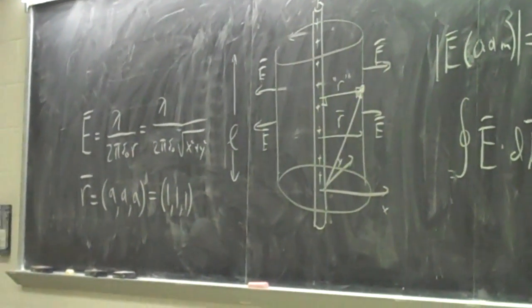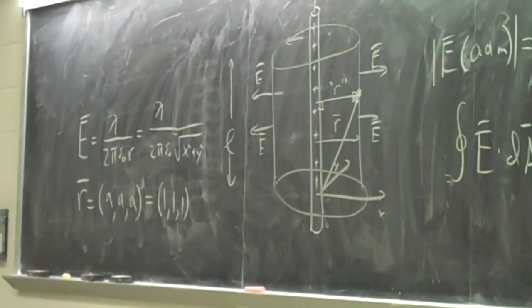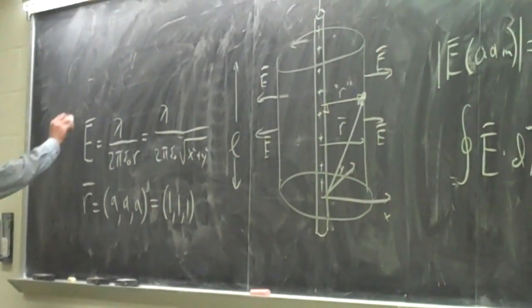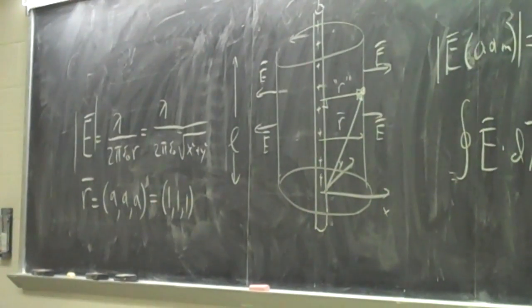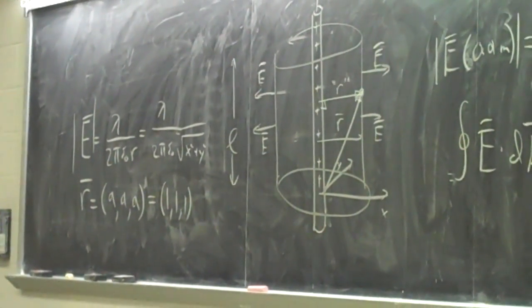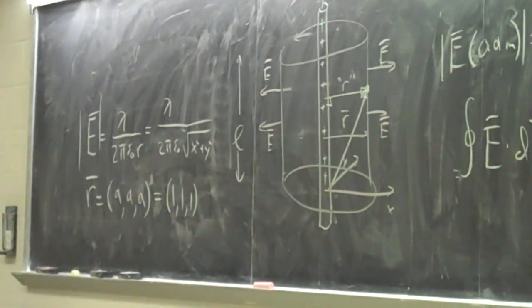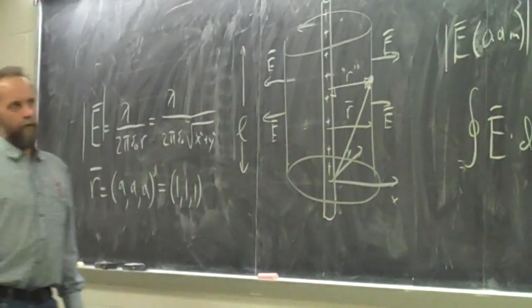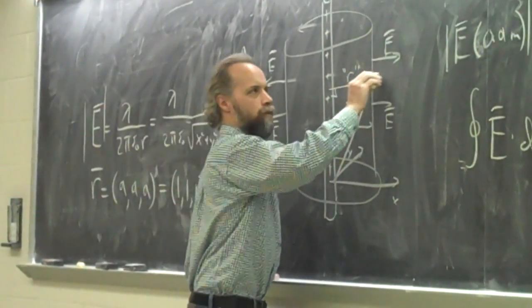And then the direction is also a little bit trickier, because this of course is just the magnitude of the electric field. Which way is it pointing? Which way is the electric field pointing? Normally outwards? It points, you might say, in the normal direction. So if I'm at this location, it points this way.